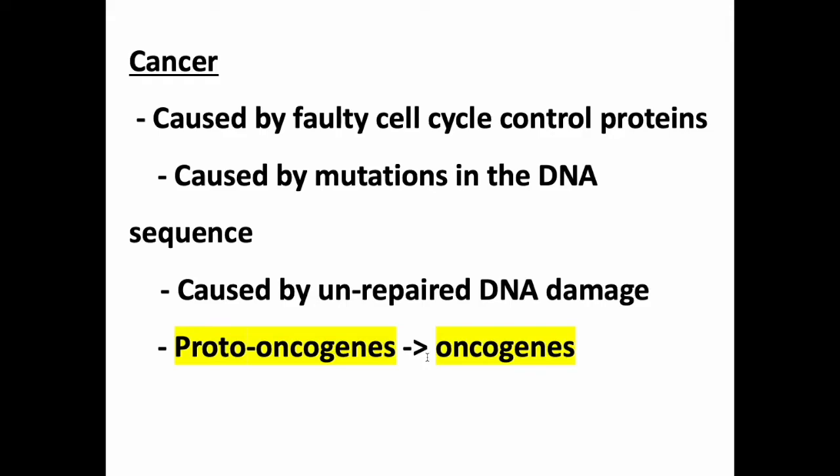So this unrepaired DNA damage leads to proto-oncogenes becoming oncogenes. So we really don't want mutations, which means we really don't want unrepaired DNA damage. We can prevent cancer by making sure all of our damaged DNA is repaired properly.